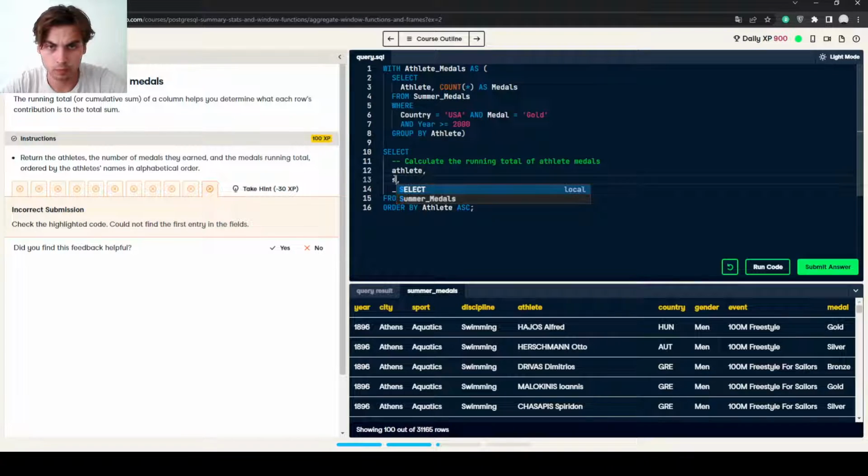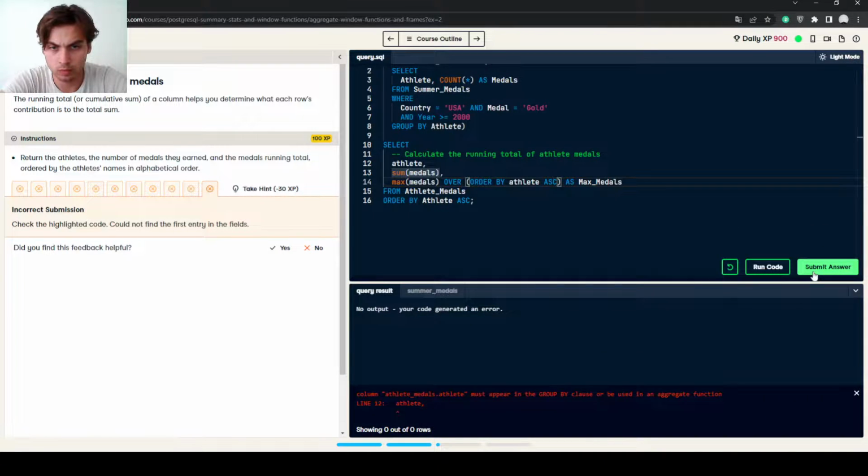Атлет. Some medals. Max medals. И тут атлет. Пиздец.